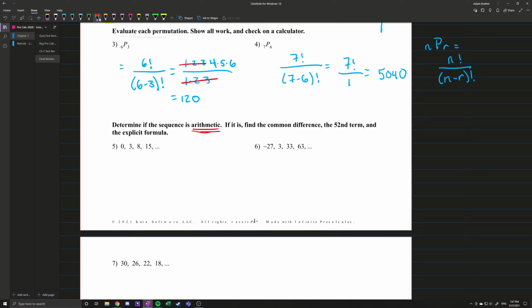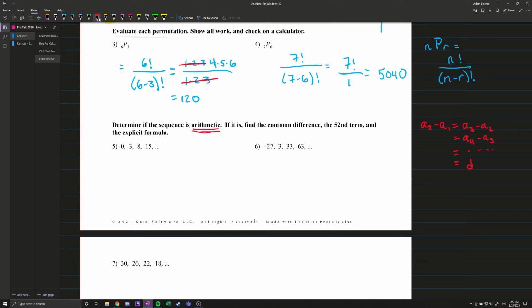The difference between the second term and the first term is going to be equal to the difference between the third term and the second term. It's going to be equal to the fourth term minus the third term, and so on. And that's just going to equal one number, which we call d, the common difference.